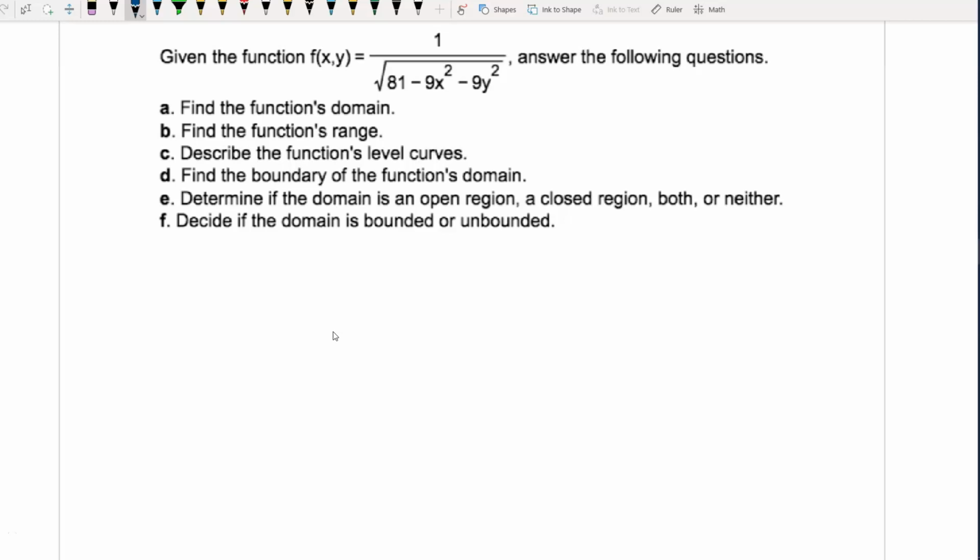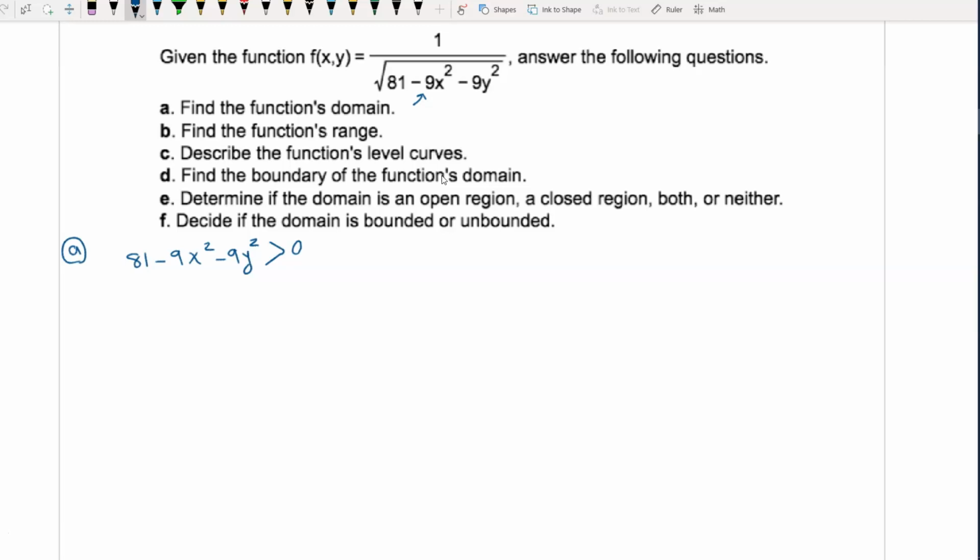Given the function f of x comma y equal to 1 over square root of 81 minus 9x squared minus 9y squared, answer the following questions. Part A, find the function's domain. So here in the denominator, it is a square root, and usually for a square root, when we try to find the domain, we use what we have inside the radical greater than or equal to 0.